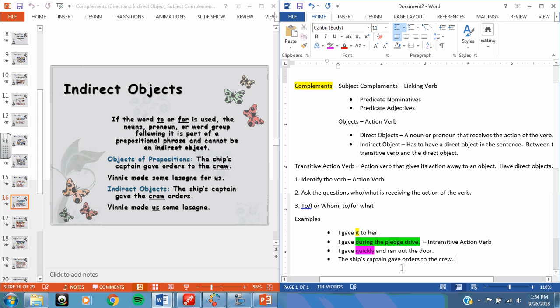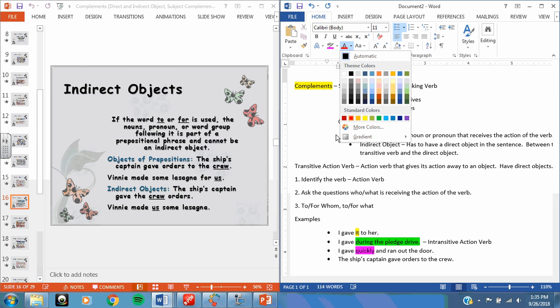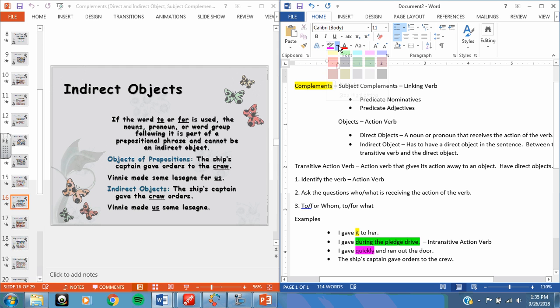To whom were the orders given? To the crew. So it seems like I have it, but because it's not placed between the verb and the direct object, I do not have an indirect object. What I actually have is a prepositional phrase. So very clear that when you have a prepositional phrase at the end of the sentence, the object of that preposition is not an indirect object. The indirect object has to be between the verb and the direct object.